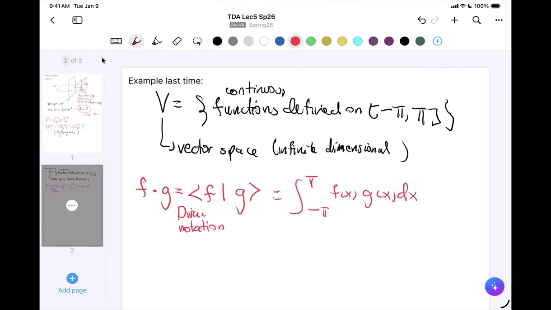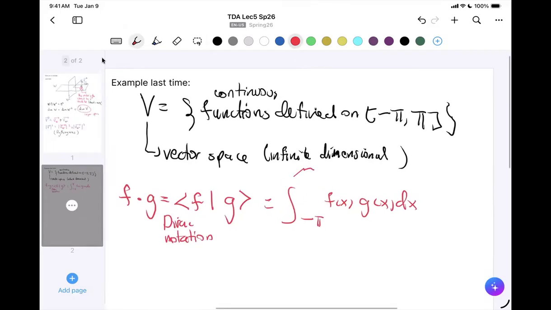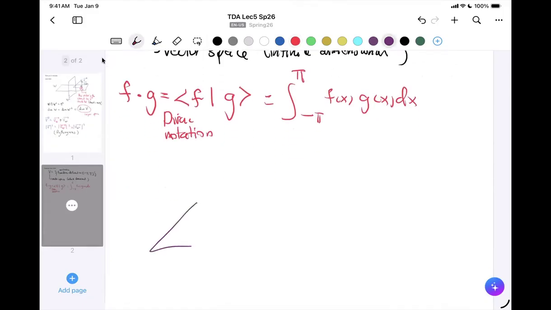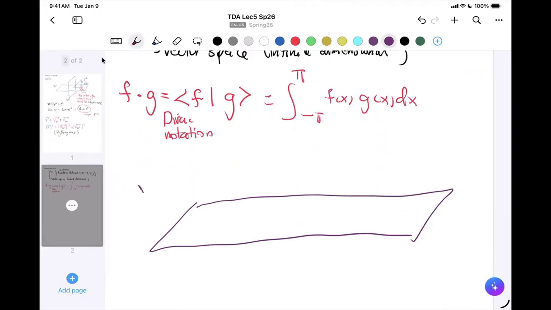And you can check that it satisfies the properties of a dot product. It's the continuous version of a dot product, if you think about it. And one of the assignment problems is to work out that if you look at the even functions, the sum of two even functions is even, and if you multiply an even function by a number, it continues to be even.